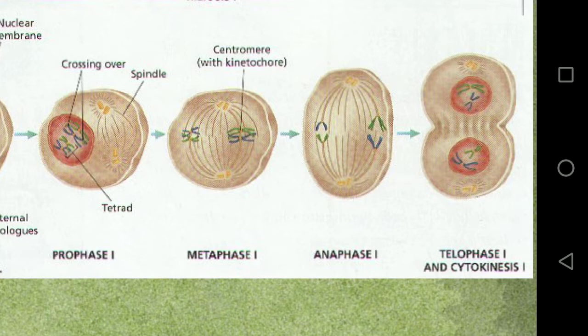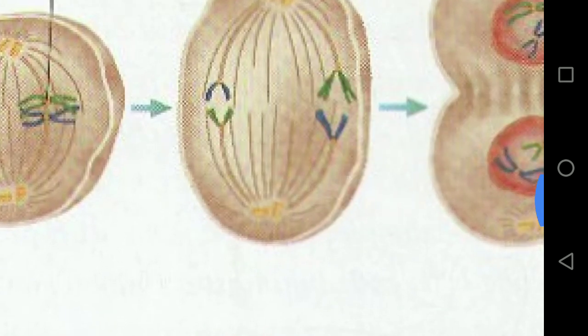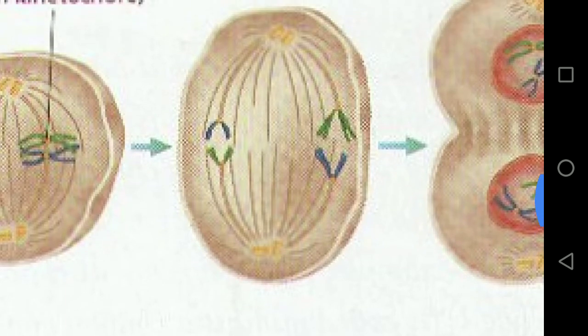They're held together and still kept together as paired chromosomes. So the diploid number is still going to be retained and conserved. You are going to see the chromosomes go to opposite poles, but they're not being pulled apart at the centromere.